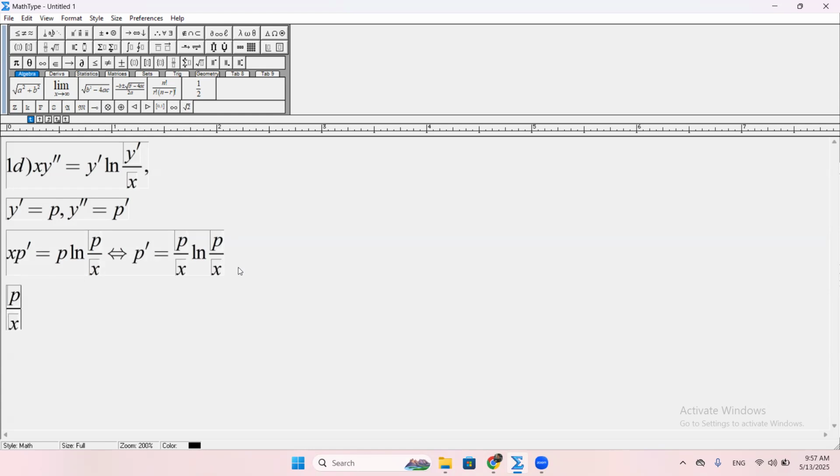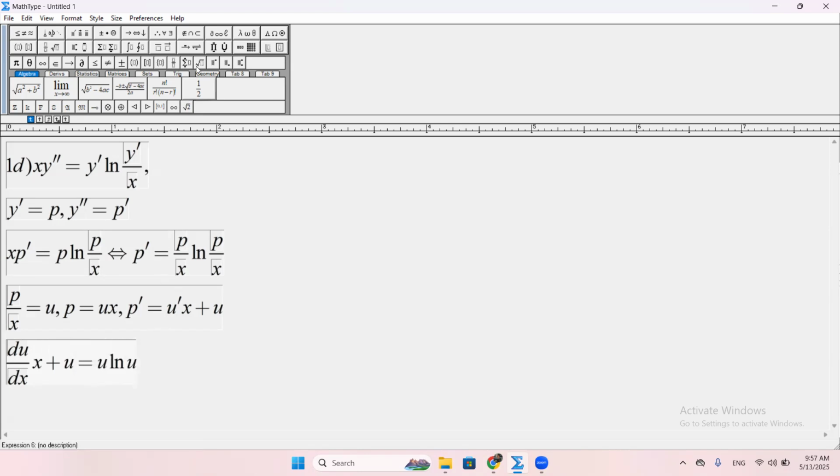So let's do the substitution. p over x equals u. Then p equals ux, and p prime equals u prime x plus u. So writing down the equation: du by dx multiplied by x plus u equals u logarithm of u.